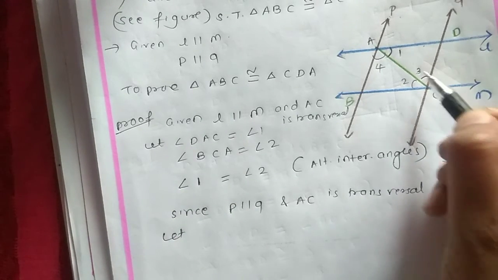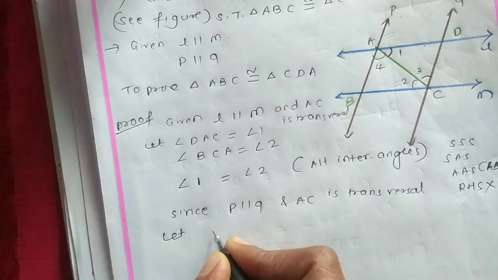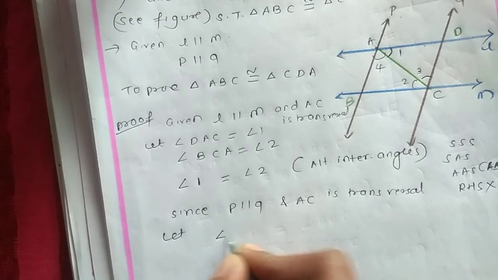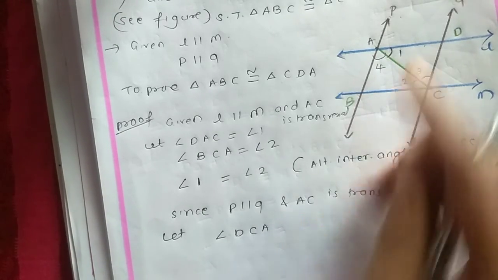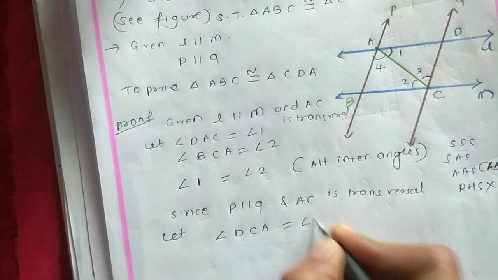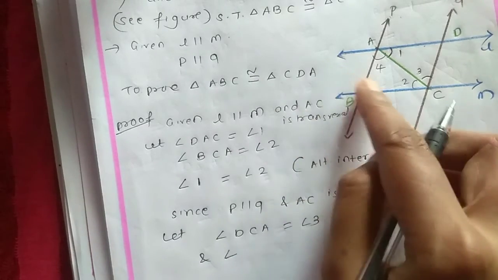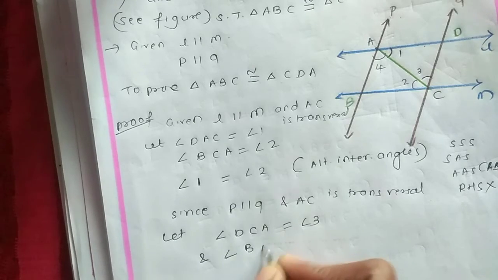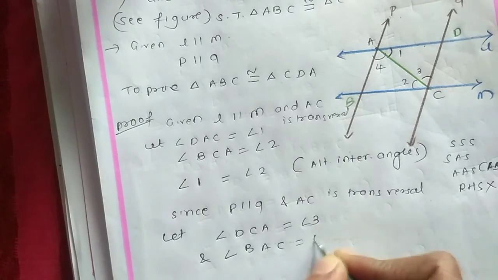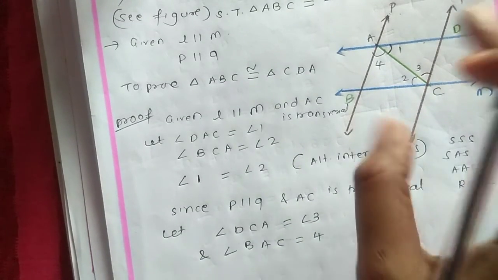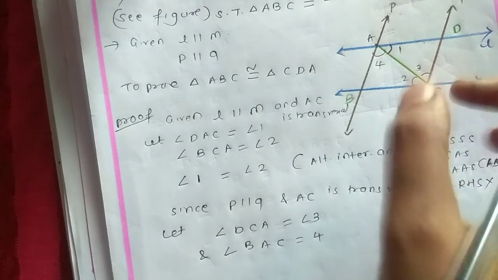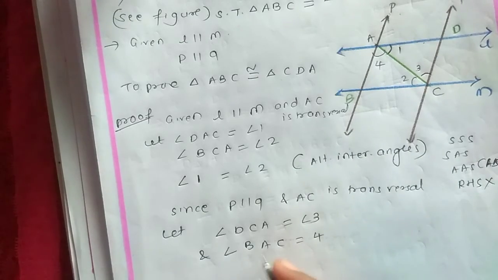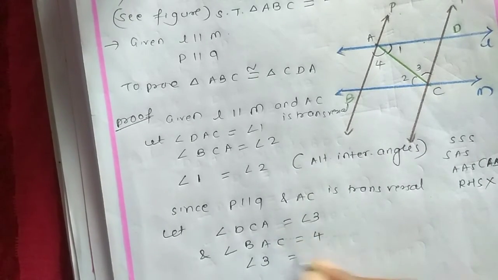So here you can see 3 and 4 we have named. Angle DCA we will name as angle 3, and angle BAC we will name as angle 4. So due to transversal AC to the parallel lines P and Q, angle 3 and angle 4 are equal. So angle 3 equals angle 4.